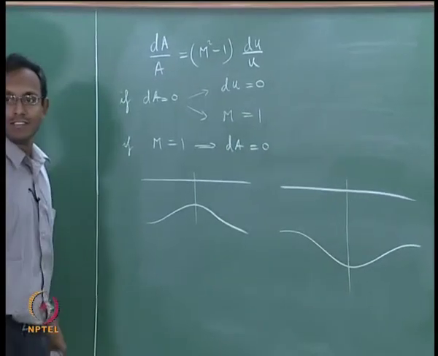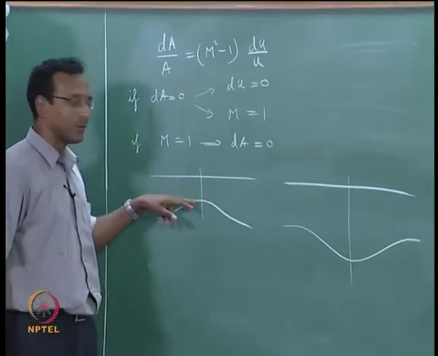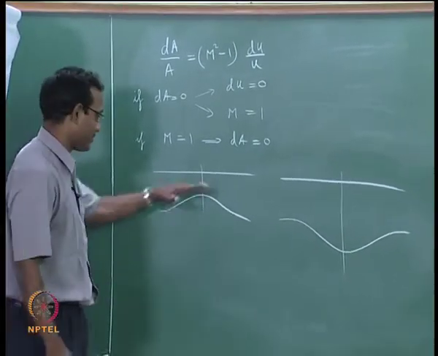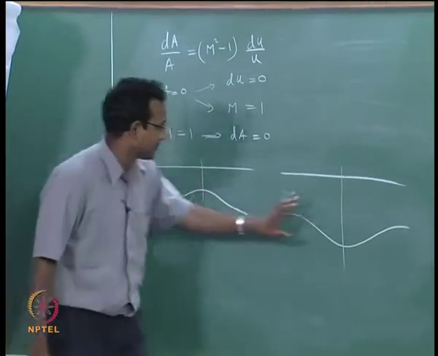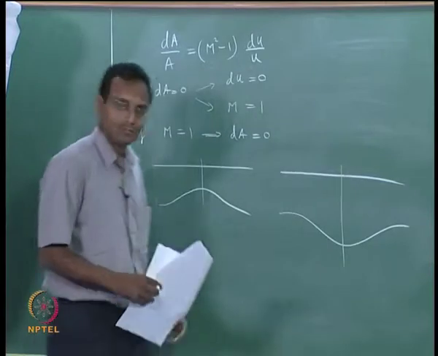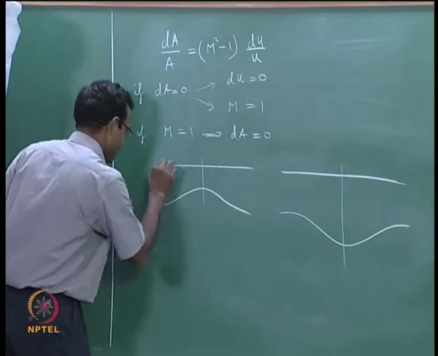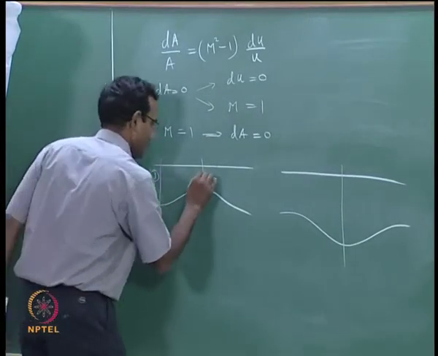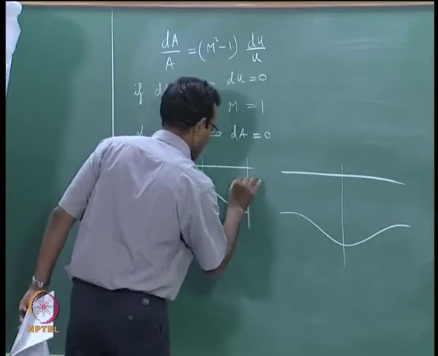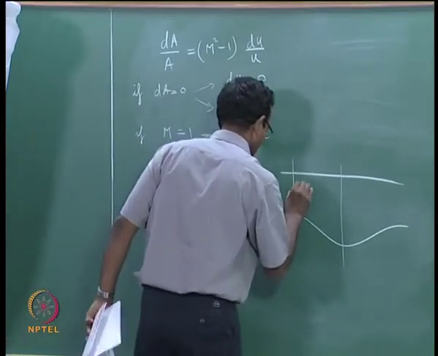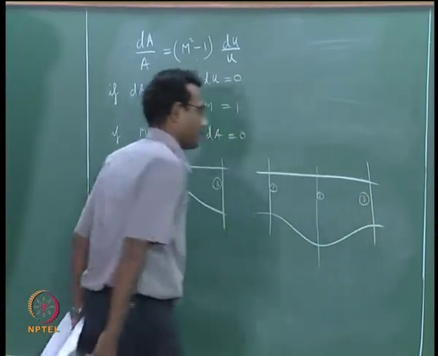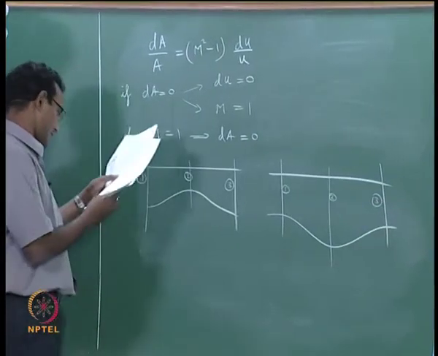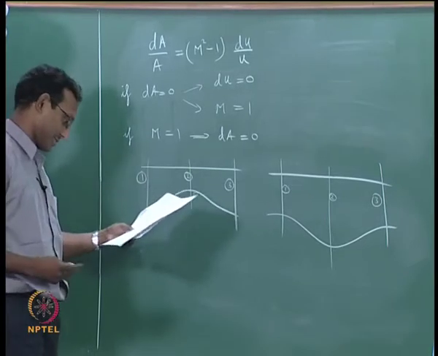Both these places the slope of area change is 0, right, because the slope is 0 here. It is as if locally it is a constant area duct here, same thing in this place. Okay. So, now I am going to label them 1, 2 and 3. Here also we will do the same thing, 1, 2 and 3. Okay. If I have this, let us pick different cases.